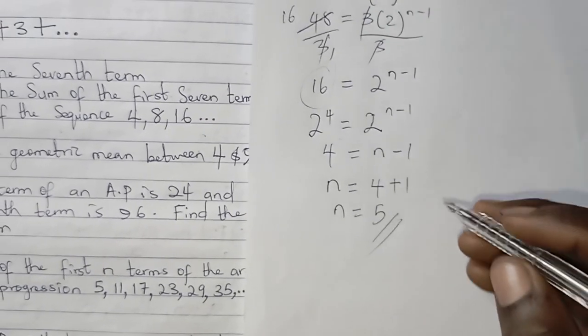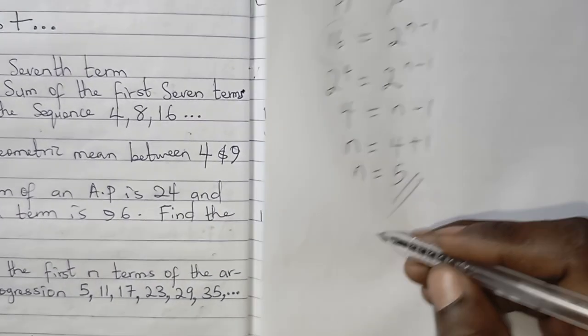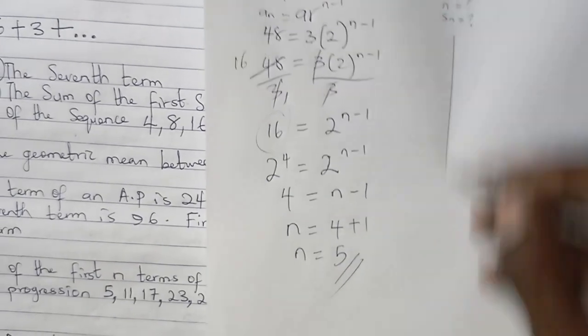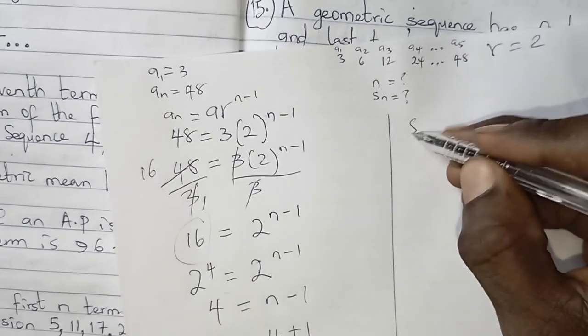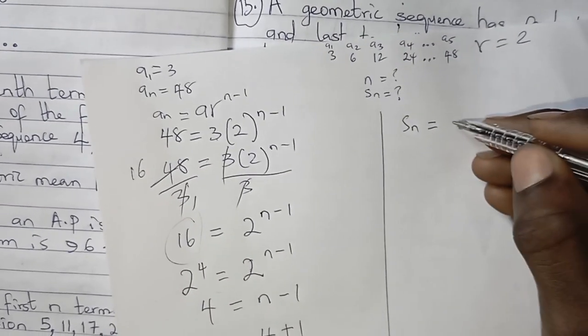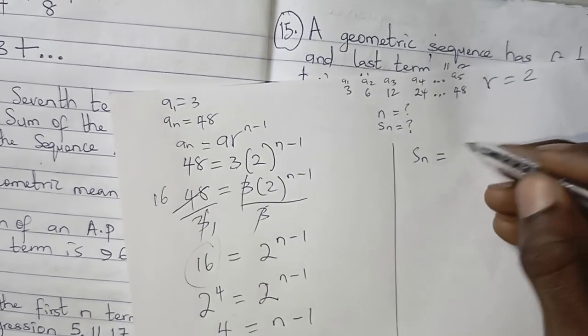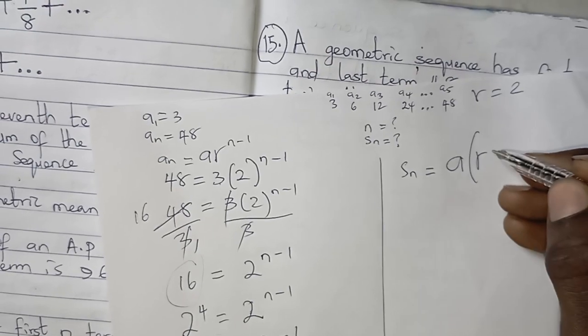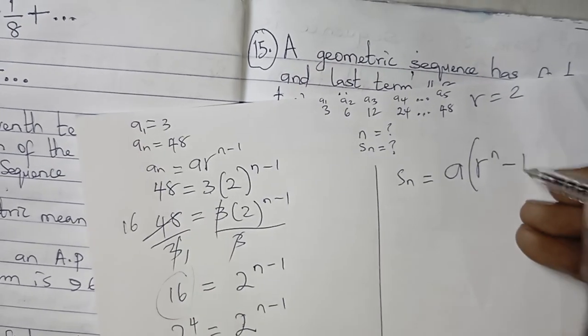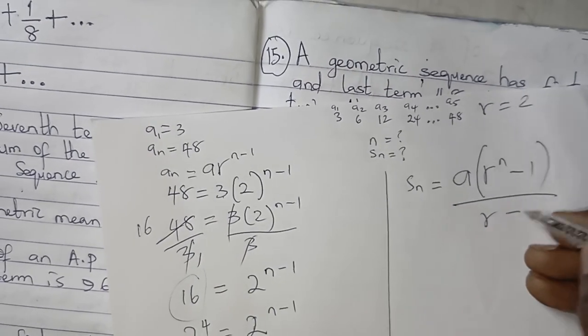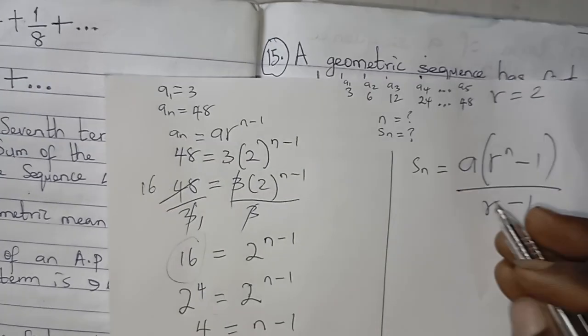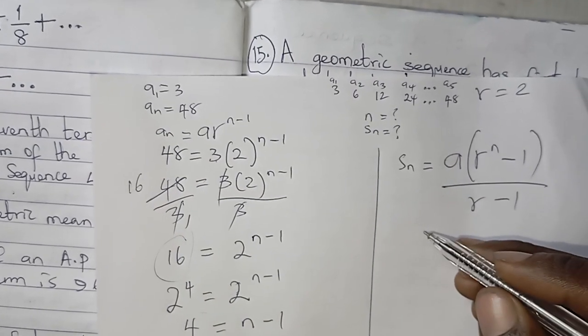So therefore, Sn will be equal to a into r raised to n minus 1 over r minus 1. So we've gotten n to be 5.